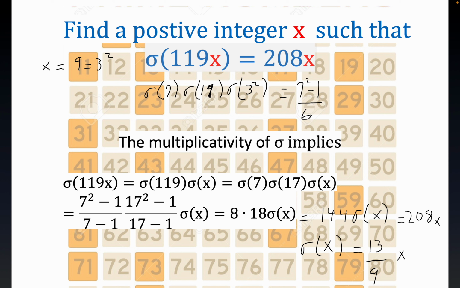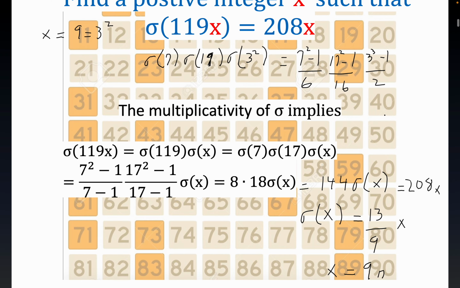I guess I'm just saying 19 and writing it down, but that's 7 times 17. So now this would be, again, 17 squared minus 1 over 16, and then times 3 cubed minus 1 over 2.